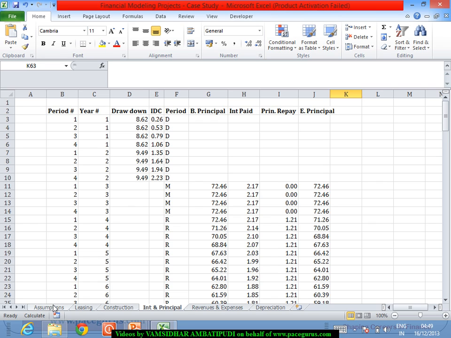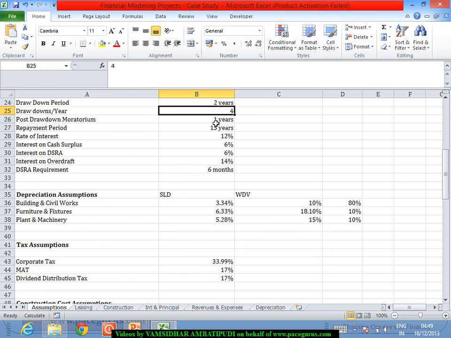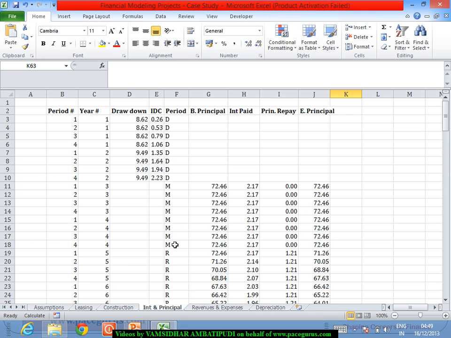And just to add a little bit more, you say that the moratorium period is 2 years. I can come back and check that in the 2 years of moratorium, the principal repayments are 0 and the interest repayments start only after that, because the drawdown period as well as my construction period are linked.